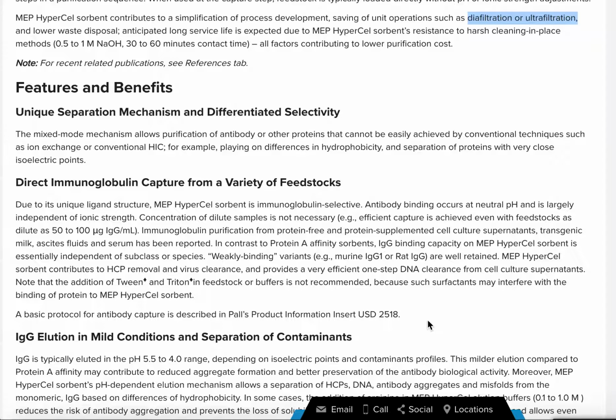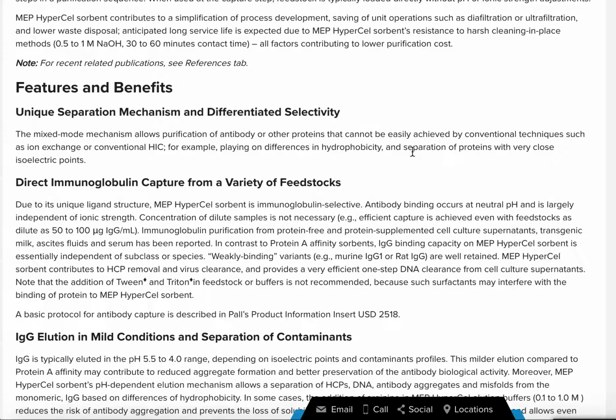It's important to go through the features and benefits of this MEP chromatography step. Unique separation mechanism and differentiated selectivity. The mixed mode mechanism allows purification of antibody or other proteins that cannot be easily achieved by conventional techniques such as ion exchange or conventional HIC, for example, playing on differences in hydrophobicity and separation of proteins with very close isoelectric points.